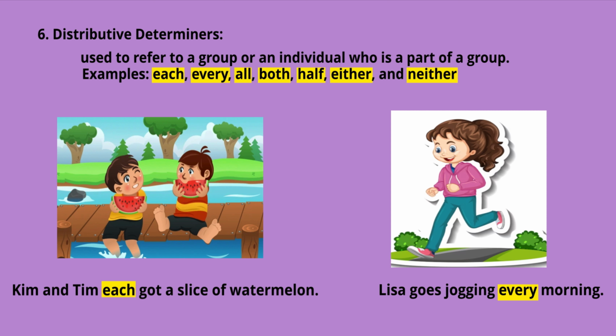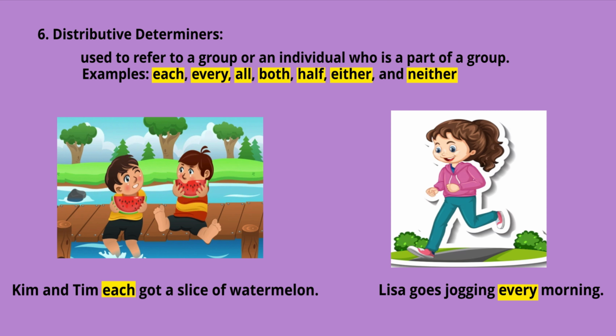So here, "each" mentions that Kim got a watermelon slice and Tim got a watermelon slice. When you're combining it, you're saying that Kim and Tim each got a slice of watermelon. So "each" here would be the distributive determiner.